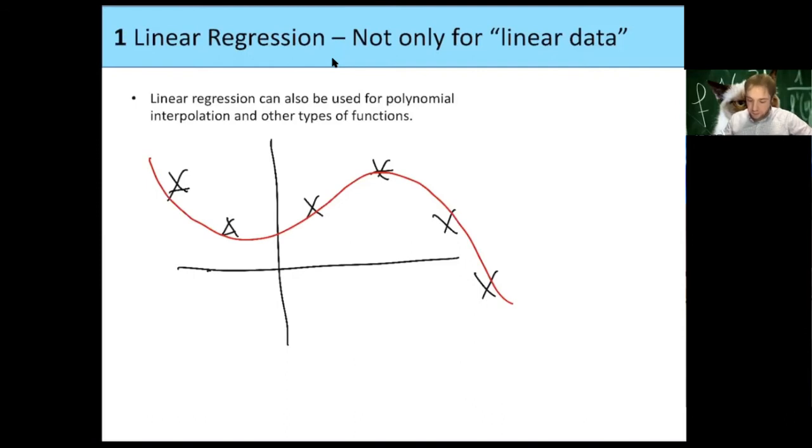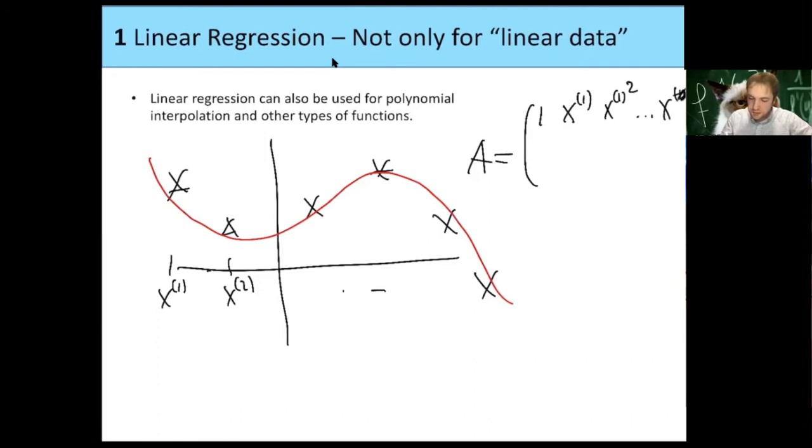So if I have some x1, x2, and so on, then I can do the same game by just taking the matrix A. So instead of putting just x1 here, I use more columns and also maybe allow x1 squared up to x1 to the d, and here xn, xn squared, up to xn to the d.